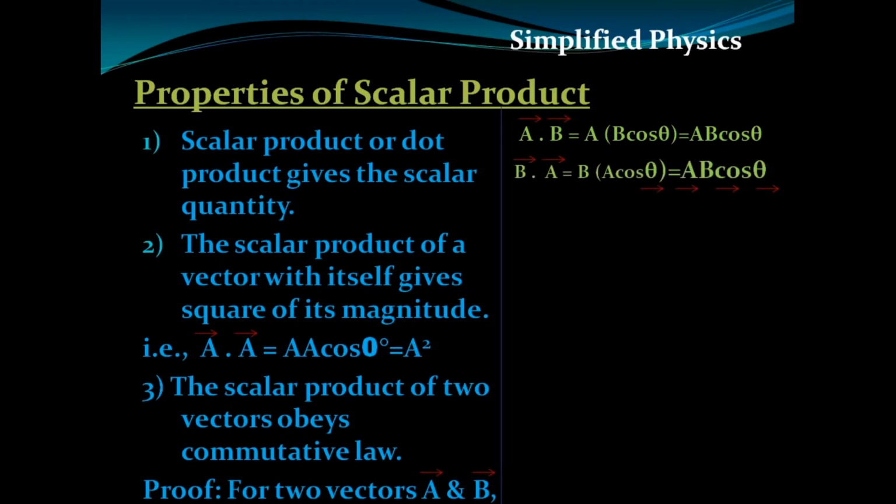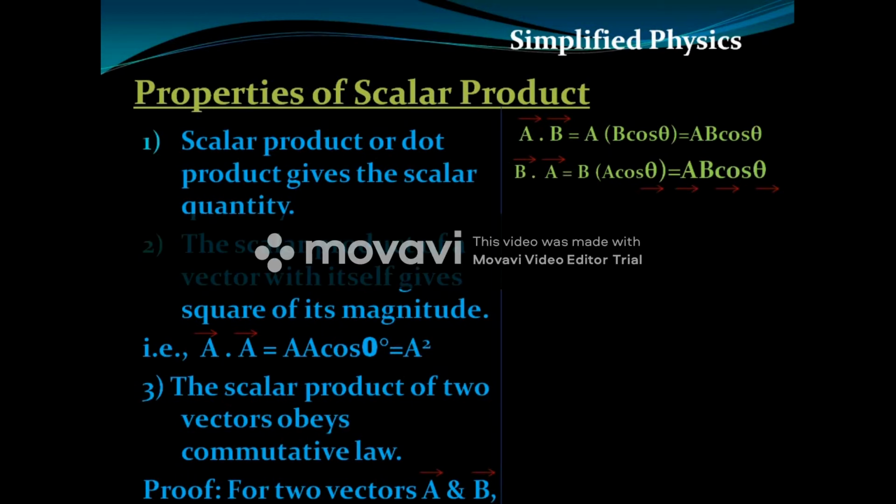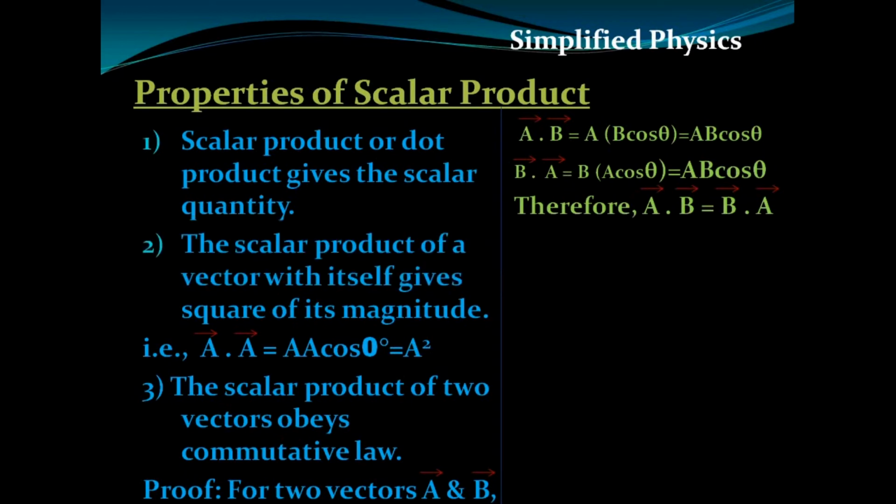Similarly, b dot a equals ba cos theta, which equals ab cos theta. From these two relations we can say that a dot b equals b dot a. So the scalar product of two vectors obeys the commutative law.